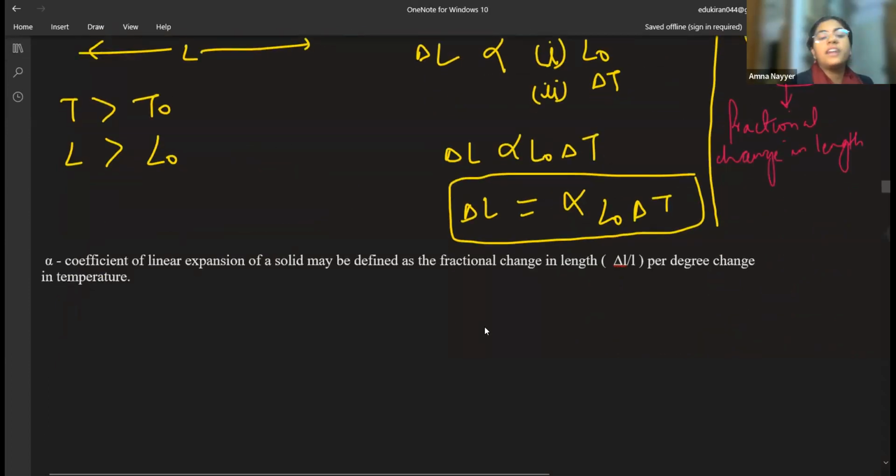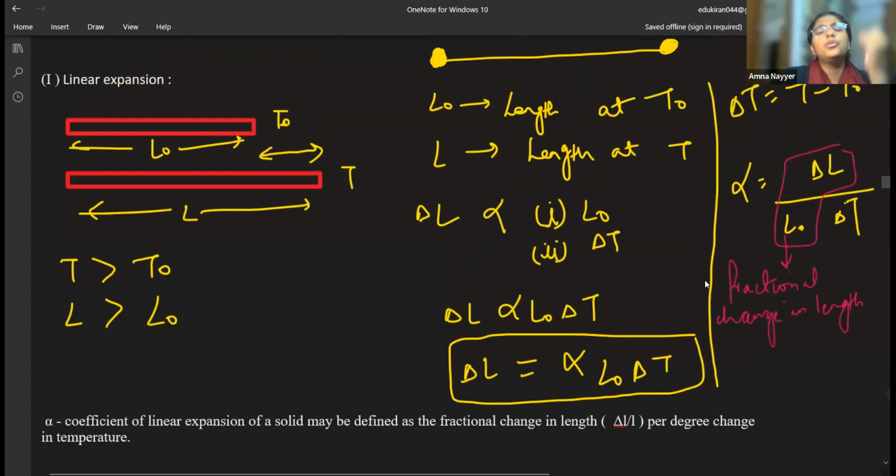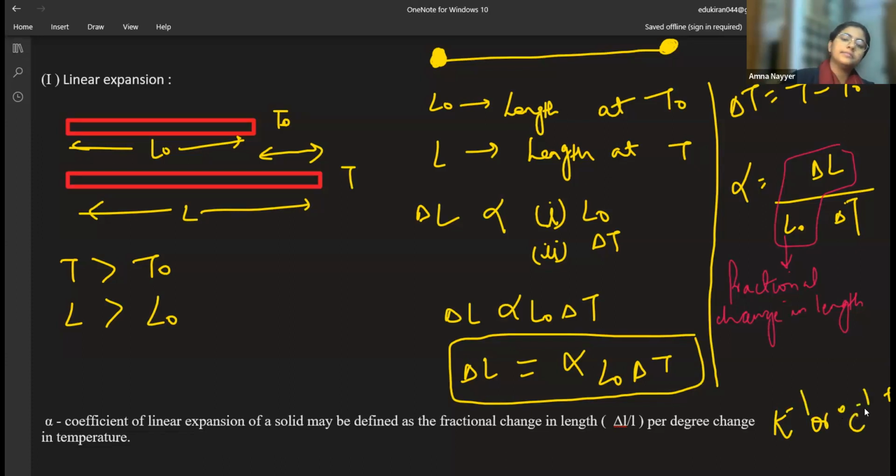So how can you define alpha, which is the coefficient of linear expansion? Very simple definition, you will just remember it. No need to rote learn all these things. Right now only you will remember. If you just revise once at home after the class, you will be able to remember this. Fractional change in length, that is the change in length by original length, per unit degree Celsius change. We write the unit as either Kelvin inverse or degree Celsius inverse.